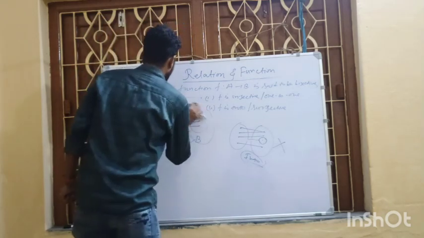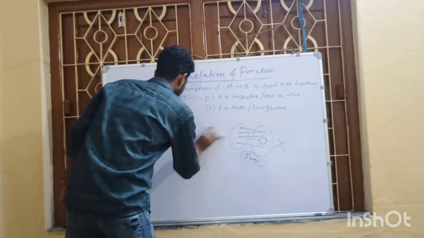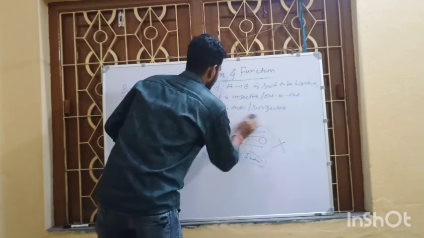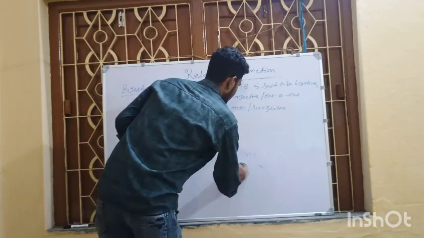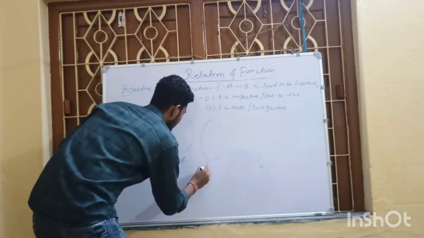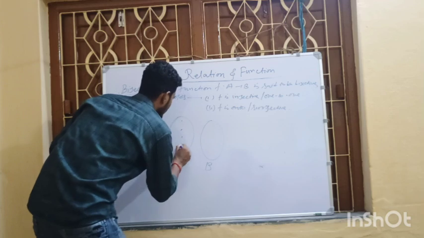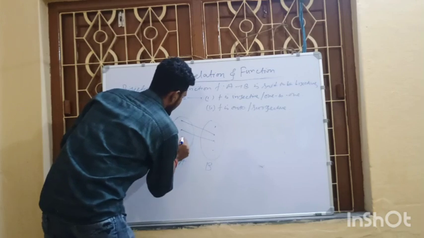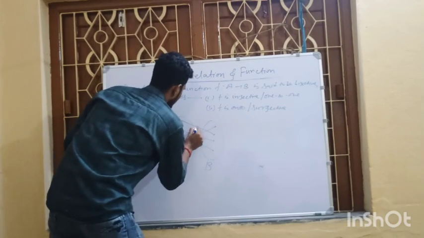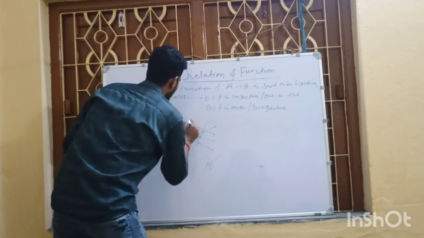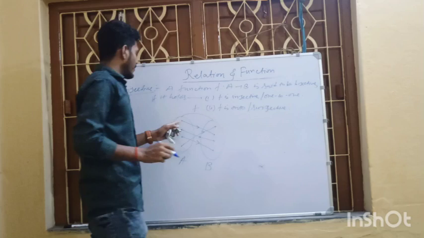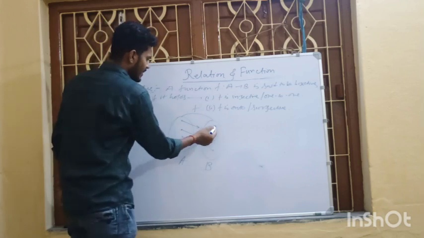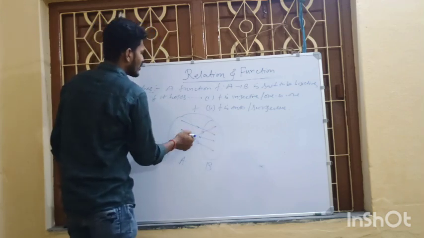That is the diagram of a bijective function. Here this is set A and that is set B. If there are four elements, 1, 2, 3, 4, in each set, and each maps to a distinct element, then for each element in A there is a distinct element in set B. So f is injective, and also for each element in set B there is a pre-image in set A, so f is also surjective.